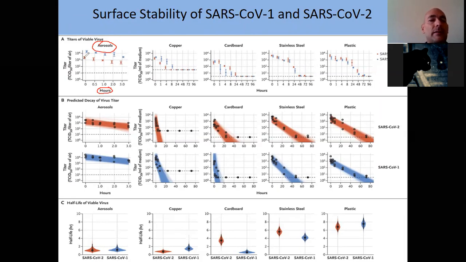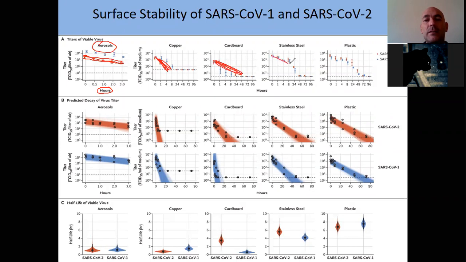And you can see that actually this virus is very resistant in aerosol, okay, over time. Now, if you do the same thing and you put the virus on the copper surface, you can see that this virus starts to die very quickly, okay? On cardboard it is also not so stable, but it still takes some time.